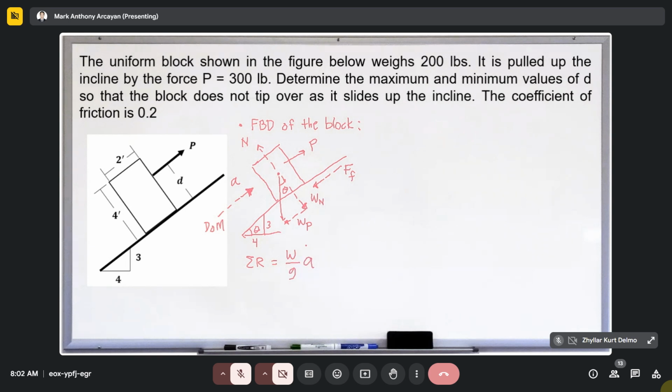But class, we cannot use this formula. For what reason? Okay, we treat positive if the force is directed up the inclined plane. We cannot use this formula, class, from our D'Alembert's principle, the right side of our equation, because we don't have a value for our acceleration yet. And based on this one, we can solve it later.